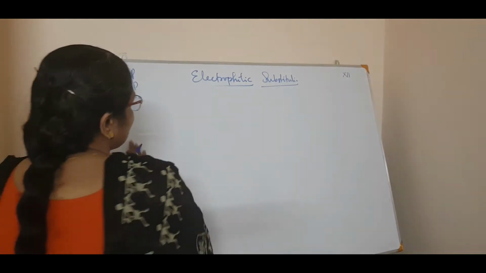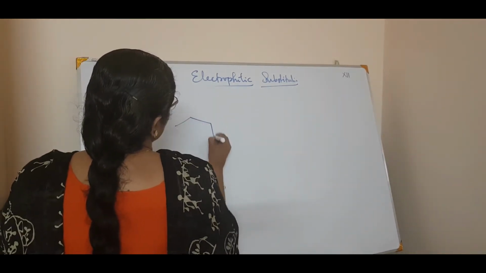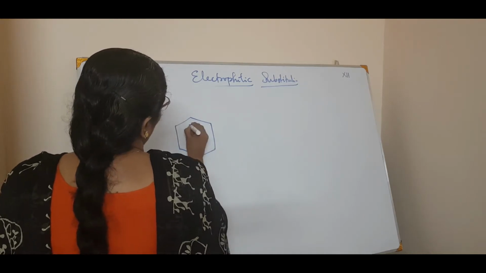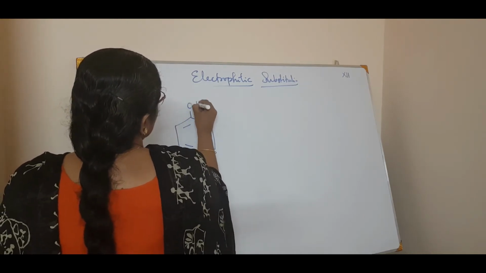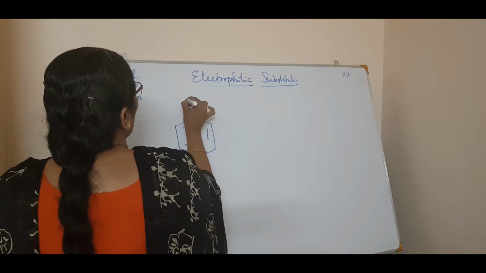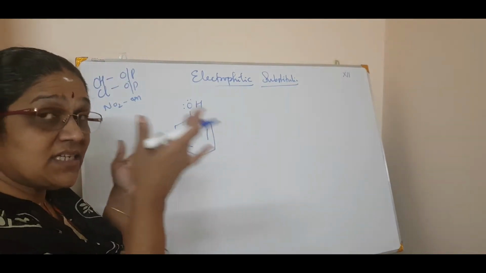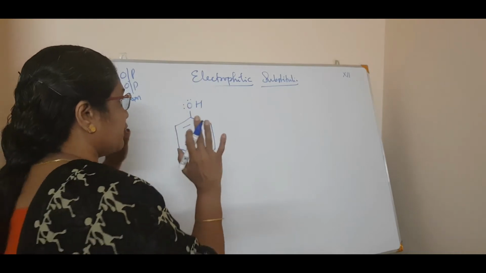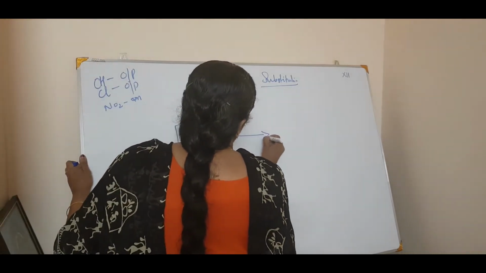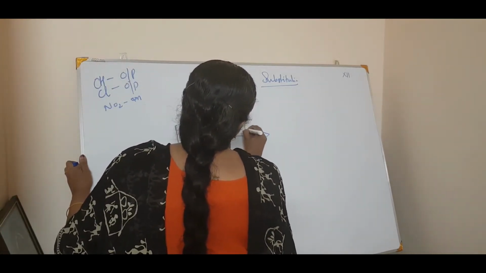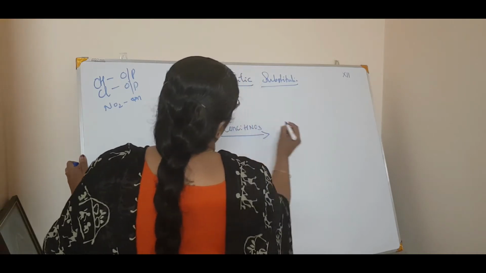This is phenol. I am not always writing the lone pairs, but even if you don't write, just remember in your mind that 2 lone pairs of electrons are there. Now on treatment with concentrated HNO3, what will happen?